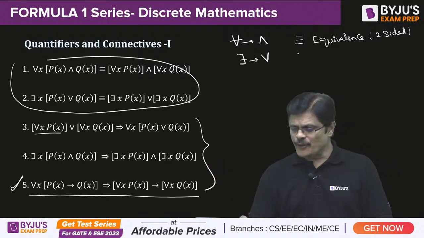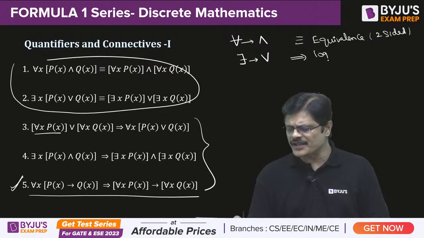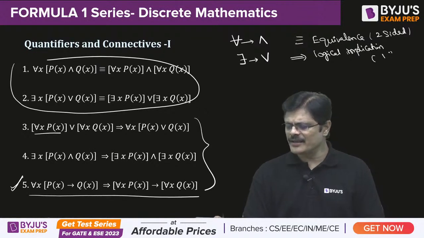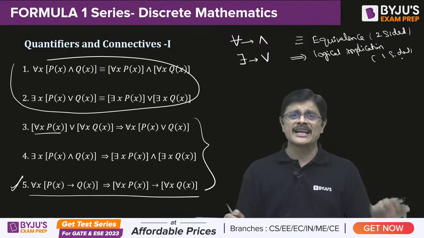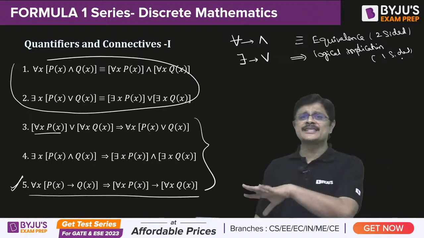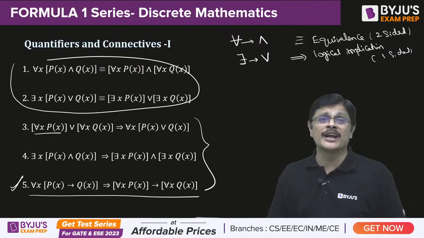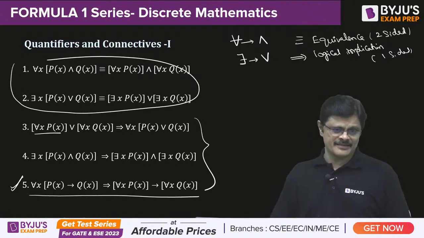Two-sided condition. Whereas this is logical implication. Logical implication is one-sided. One-sided means the left side can be replaced with the right side, not vice versa. You cannot do it in the reverse order, my dear friends.